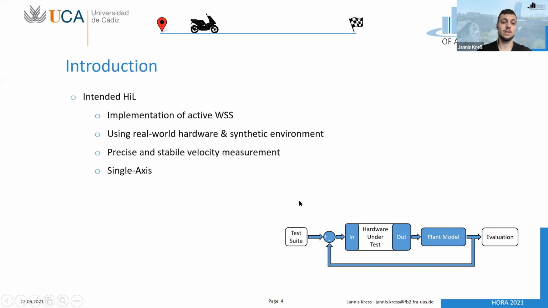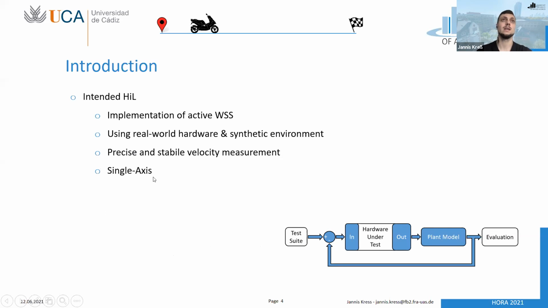For the intended hardware-in-the-loop test bench, I tried to implement 2 active wheel speed sensor elements using real world hardware. In this case, the wheel speed sensor is the real world hardware, and the synthetic environment means that the plant model is simulated through MATLAB Simulink. I wanted to get a very precise and stable velocity measurement on only one single axis.